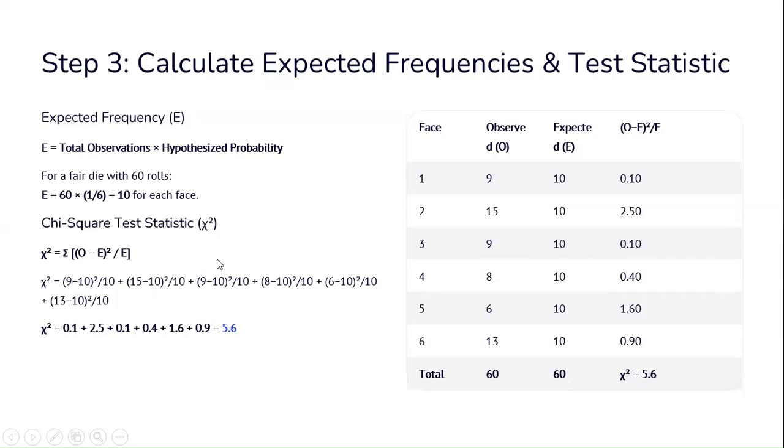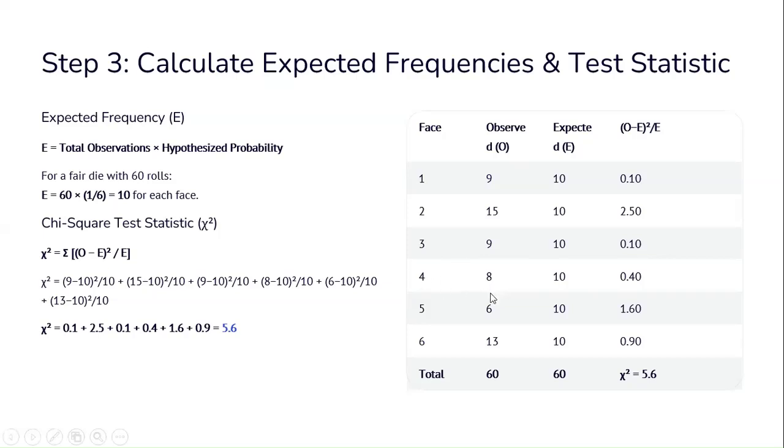The chi-square test statistic is read as chi-square equals summation of observed frequency minus expected frequency, whole squared, divided by expected frequency. I will calculate as 9 minus 10, which is minus 1, squared, divided by 10, which turns out to be 0.10. Next is 15 minus 10, so 5 squared divided by 10 turns out to be 2.50. 9 minus 10 squared divided by 10 again comes out to be 0.10.